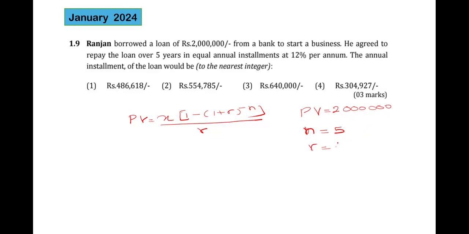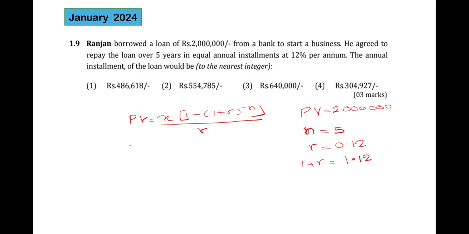Here it is annual, so 12% means 0.12. Here also we take 1 plus R, which is 1.12.